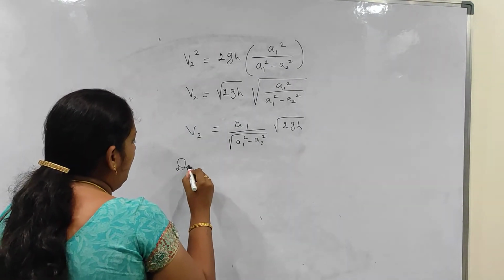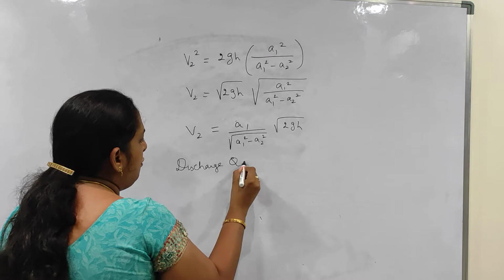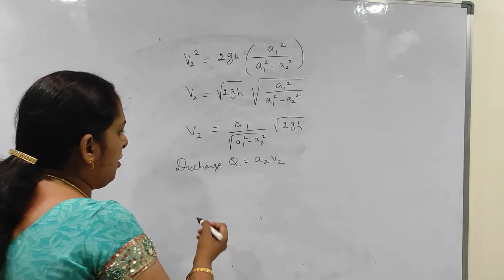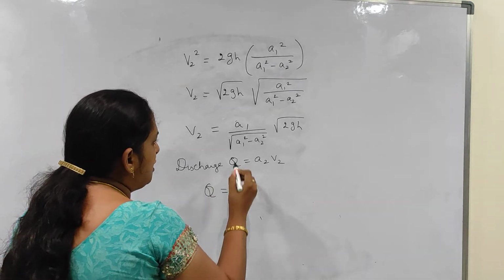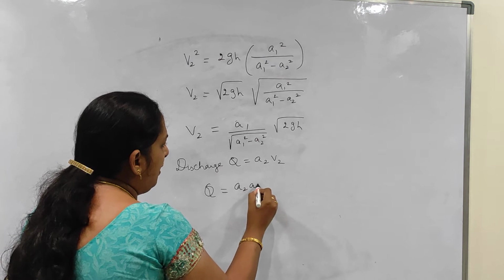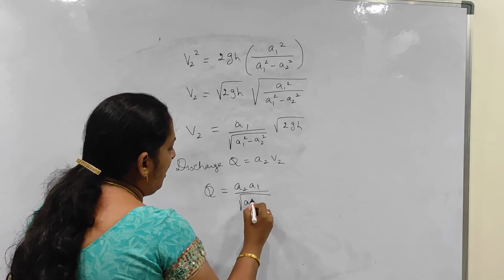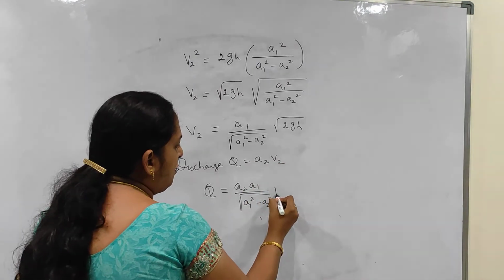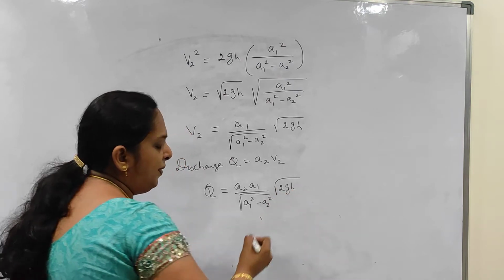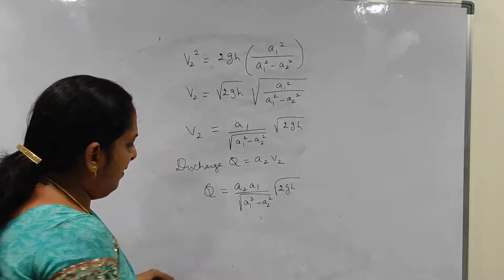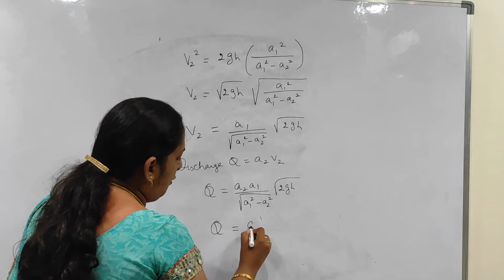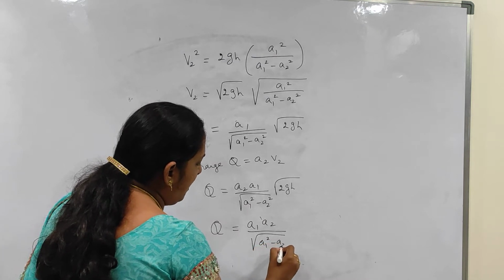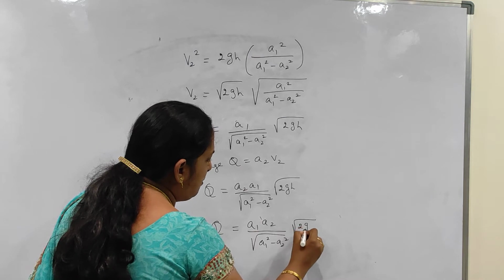Use that equation, because we know V2 in terms of the areas. So I am going to substitute: Q equal to A2 into A1 by root of A1 square minus A2 square into root of 2GH, because I am substituting for V2. Or in simple terms, Q is equal to A1 A2 by root of A1 square minus A2 square into root 2GH.